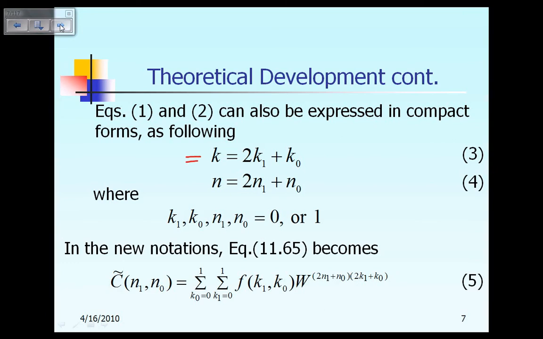Instead of 2 times k1, I prefer to write 2 raised to the power 1 times k1, plus, instead of k0, 2 raised to the power 0 times k0. Obviously, we all agree that this expression is the same thing as the right-hand side of equation 3.